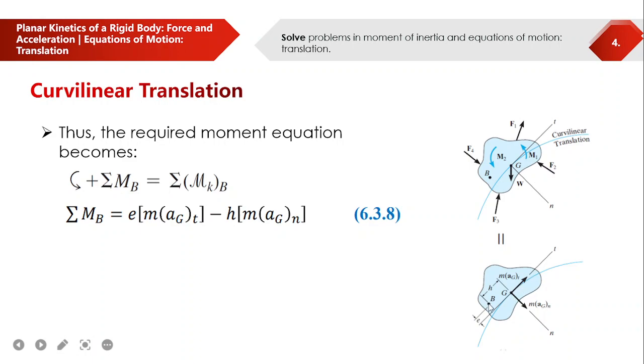Right? It opposes our counterclockwise sense. That will be along the distance. From this point of moment, the line of action of the tangential is like that. So, we can say that it moves counterclockwise as well.